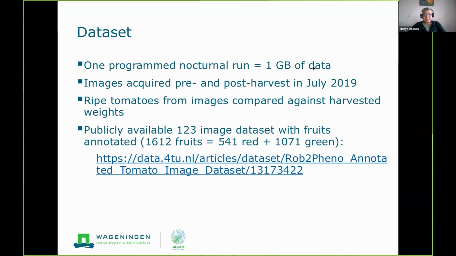So we have gigabytes and gigabytes of data, but the ones of interest are the images taken just before and after harvest. And this is what we will use to compare against our phenotypic data like the yield.